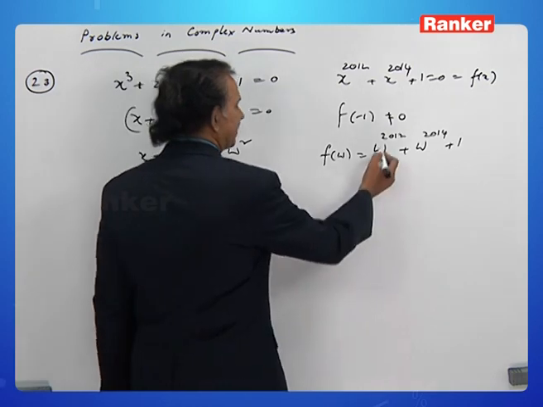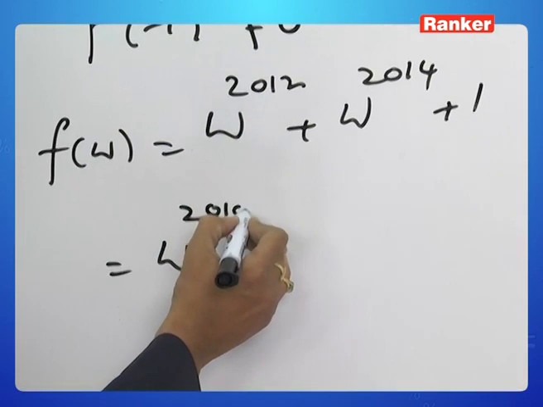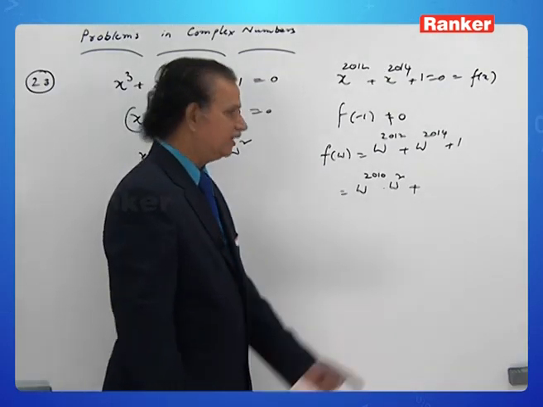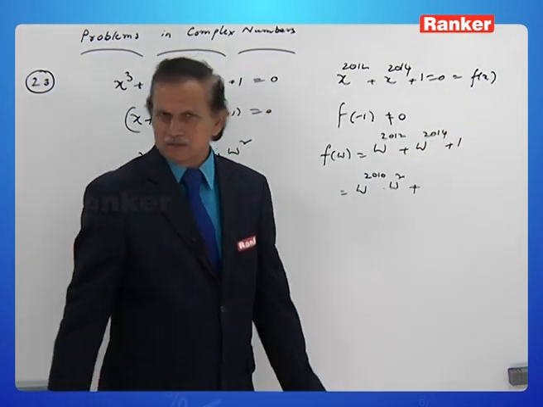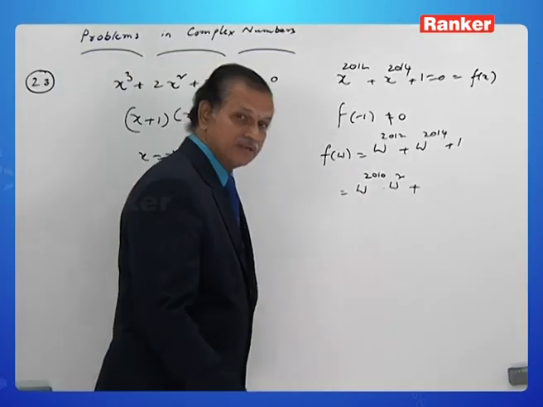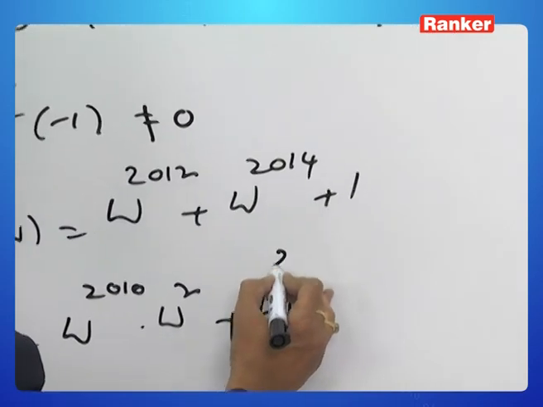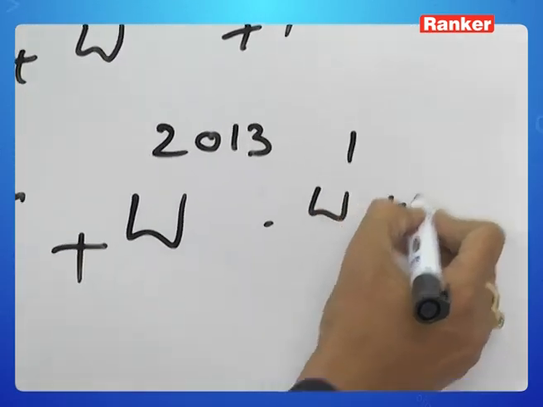Therefore, I can write this as omega power 2010 into omega square plus, here 2 plus 0 plus 1 plus 4 is 7, which again is not a multiple of 3. Therefore, I like to write this as omega power 2013 into omega power 1 plus 1.